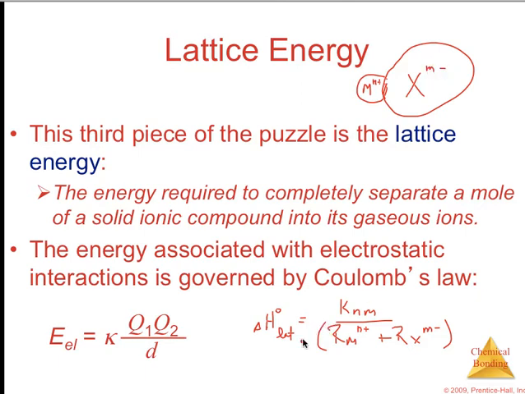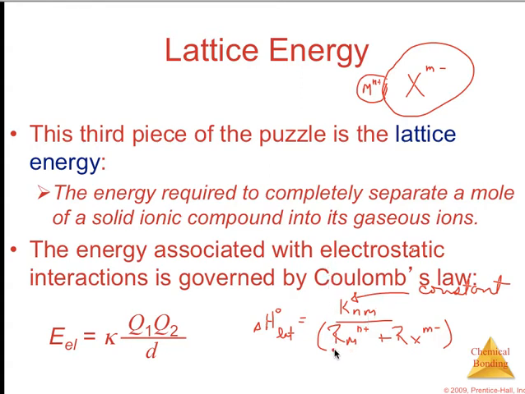K is a constant that depends on the geometry. We don't have to really do much with this equation. The n and the m are the charges for the ions.